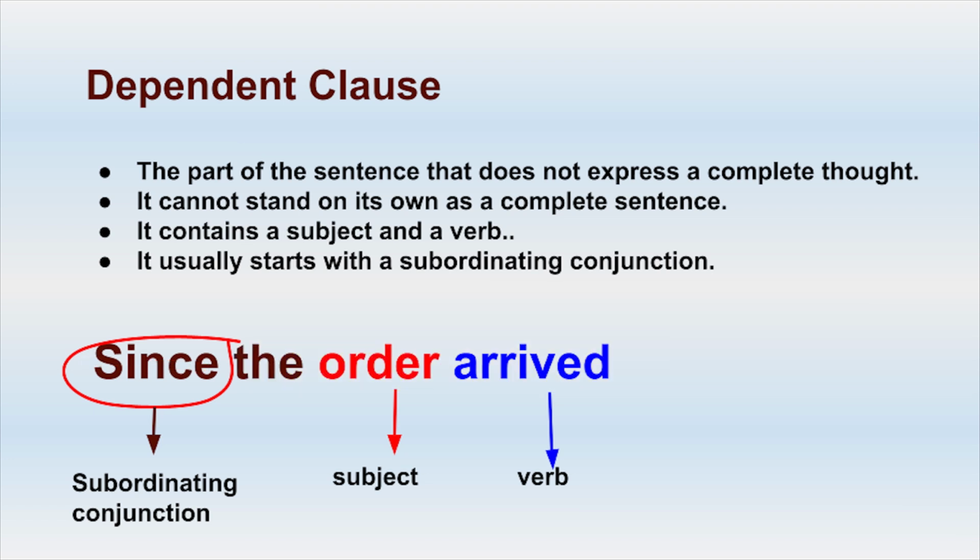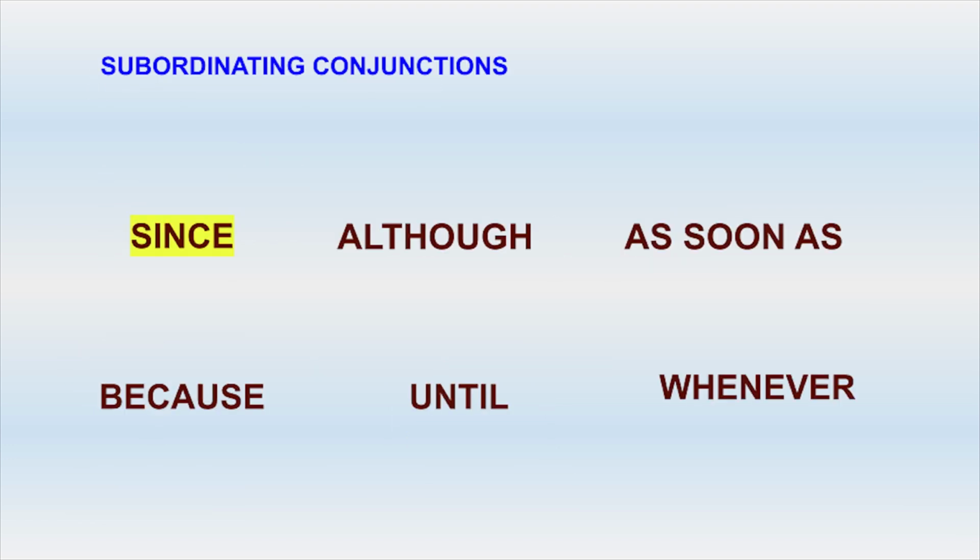So, the dependent clause, even though it has a subject and a verb, the subordinating conjunction makes it depend on the independent clause to complete its meaning. Examples of subordinating conjunctions are since, although, as soon as, because, until, and whenever.